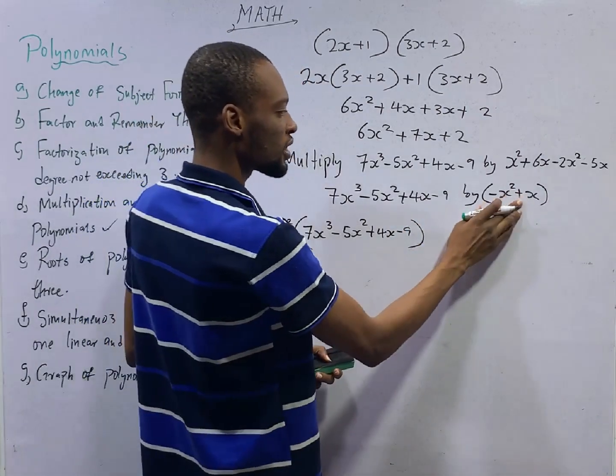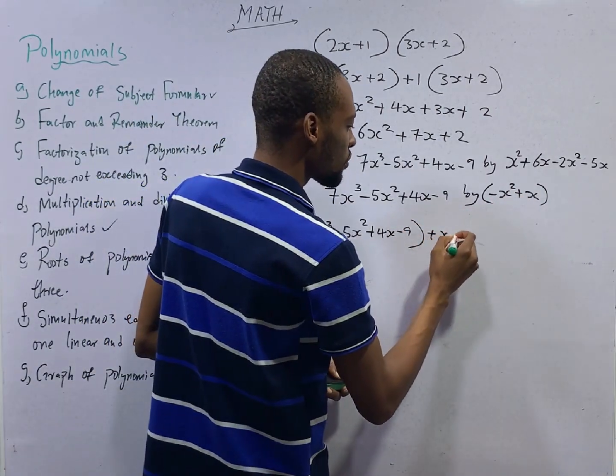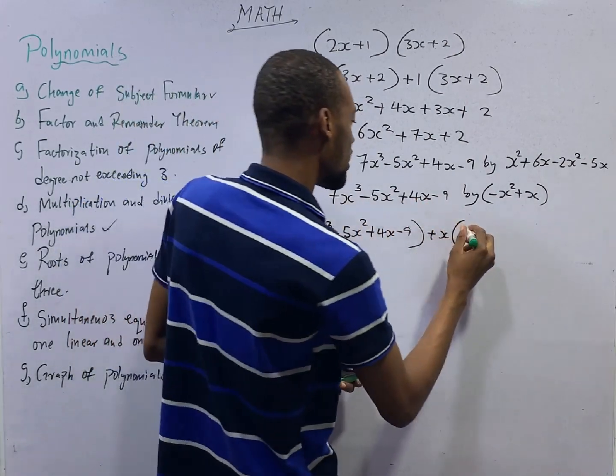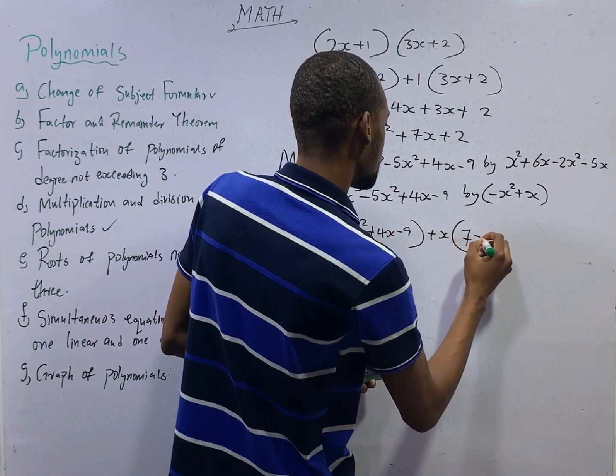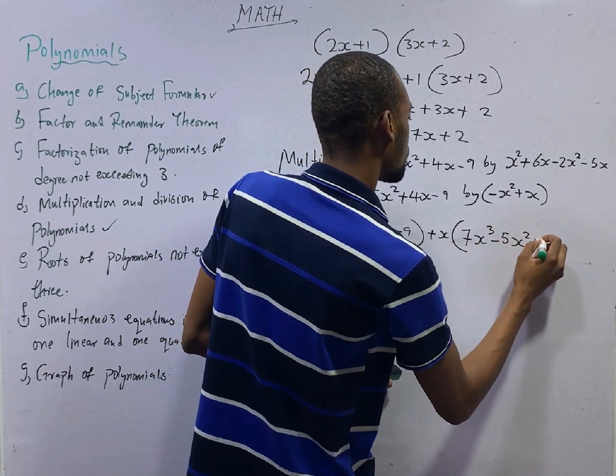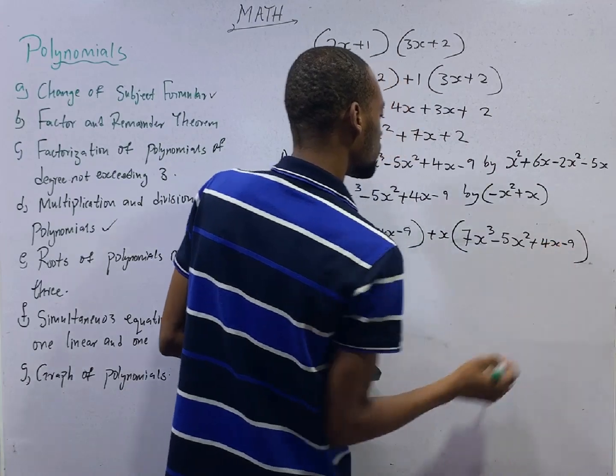What is the next? Plus s. So you write plus s and distribute it over the same long polynomial, 7s raised to the power of 3 minus 5s squared plus 4s minus 9.